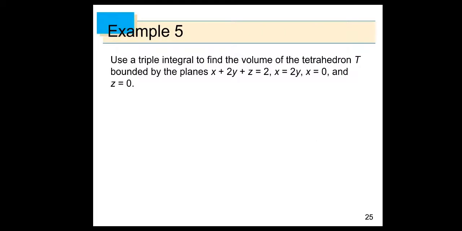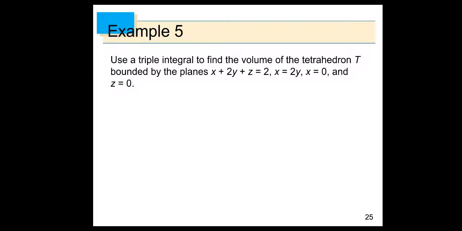Alright guys, so now we head towards example number 5. In this example, it's a really interesting one. It says use a triple integral to find the volume of a tetrahedron T bounded by the planes x plus 2y plus z equals 2, x equals 2y, x equals 0, and z equals 0.